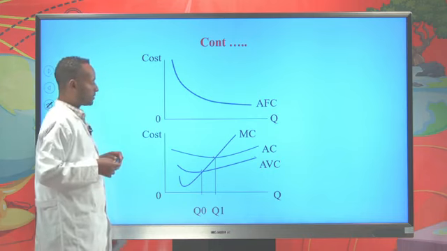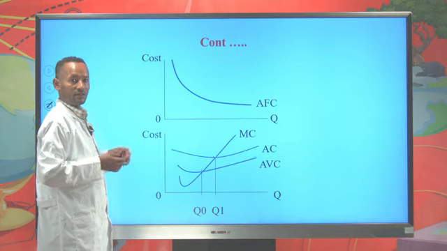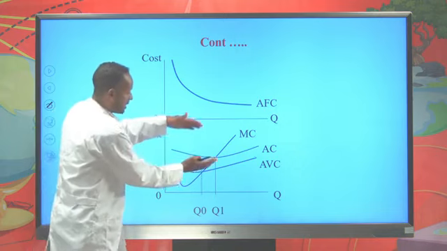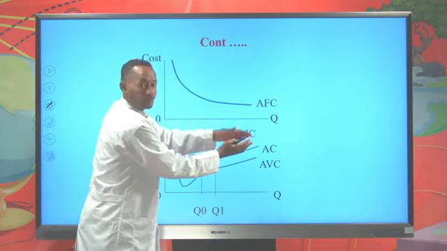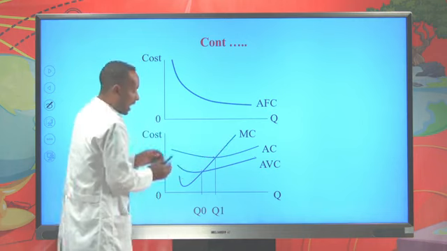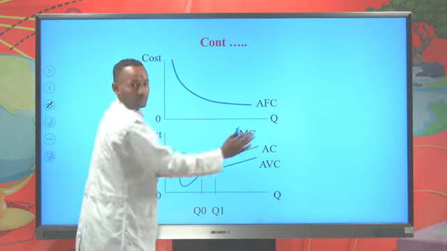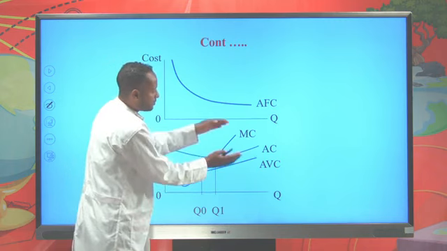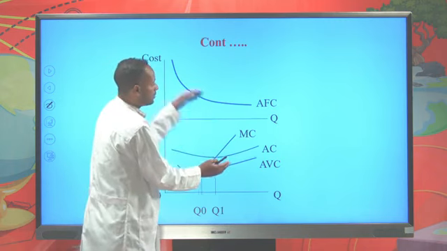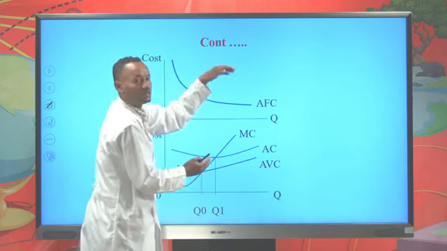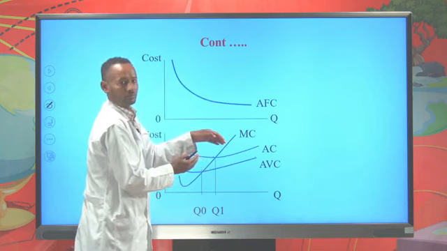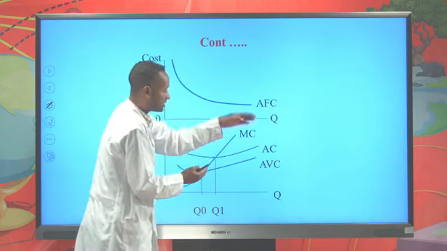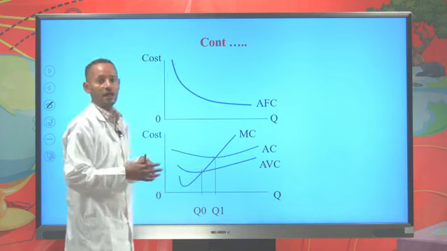Another relationship between the AC and the AVC: the gap between the average cost and the average variable cost curve becomes smaller and smaller as the level of output increases. The gap becomes smaller and smaller because the AFC curve continually declines, since the AC is the sum of the AVC and the AFC.